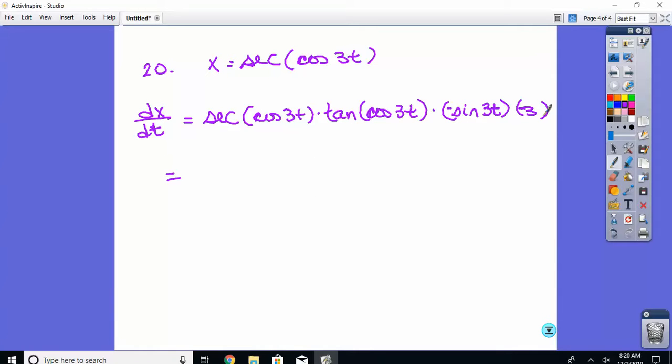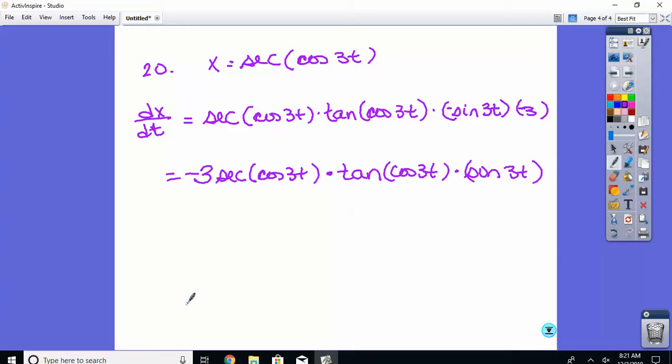So then we can pull this 3 and the negative out in front. Any questions on that?